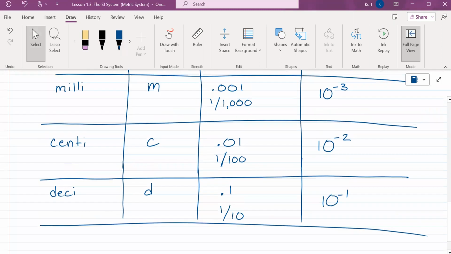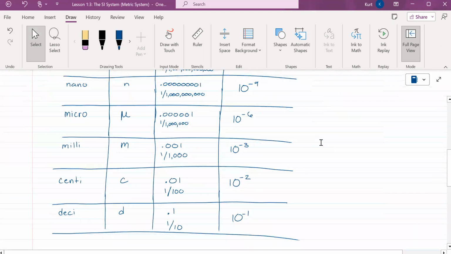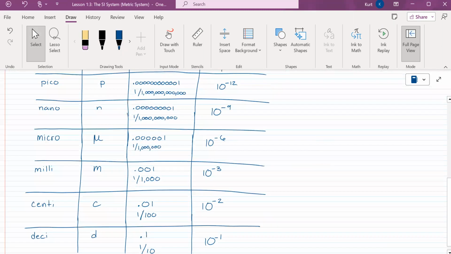So before I get into the big guys, I want to just see if you guys are following along. So let's see if I've helped lay down some new neural pathways in your brain. I'm going to talk loud so the computer can hear me. How many micrometers does it take to make 1 meter? 1 million.